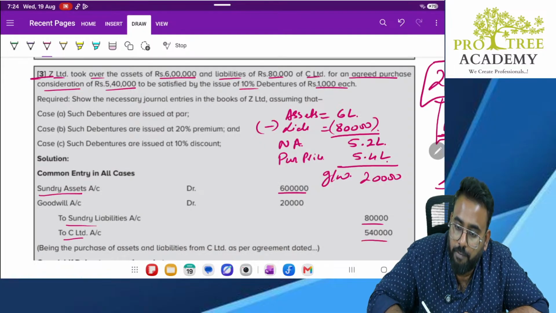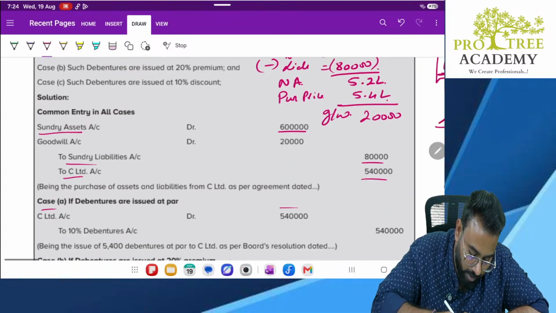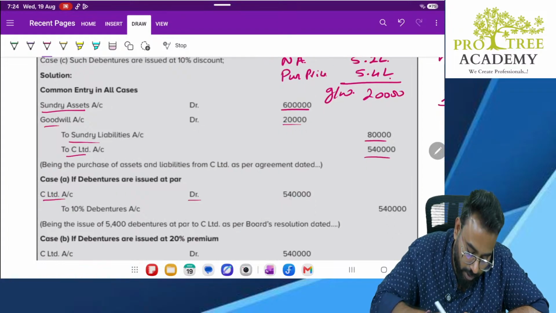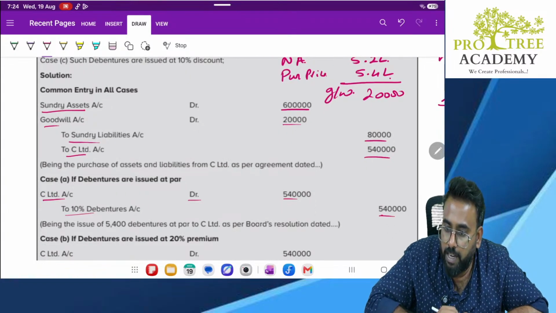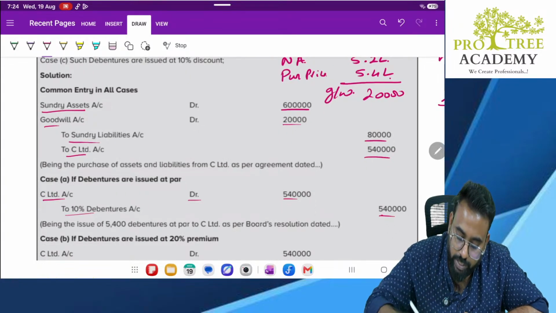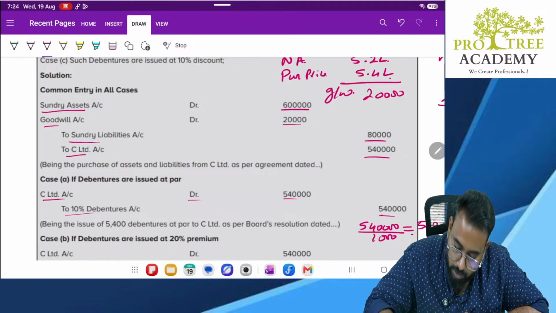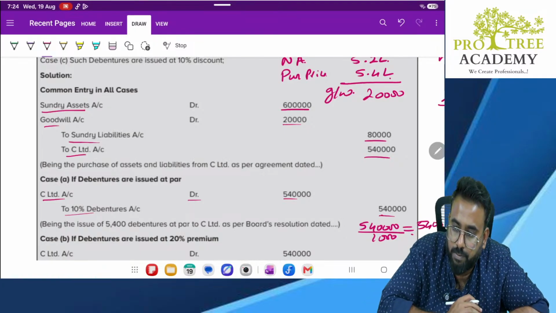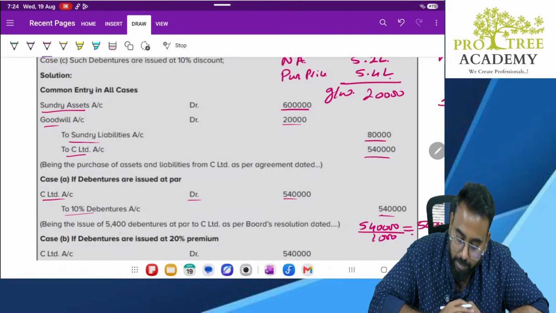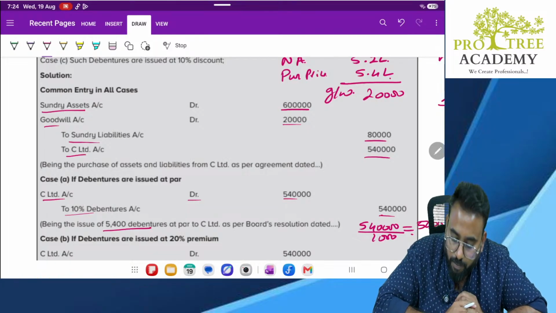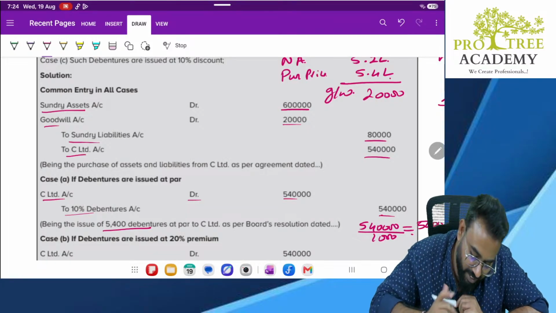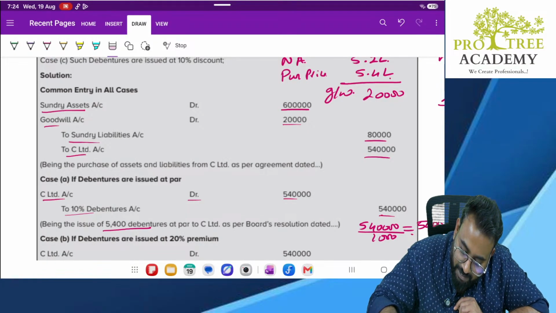How much you are paying? 5.4 lakh. Goodwill account is 20,000. C Limited account debit 5.4 lakh to 10% debentures 5 lakh 40,000. But you are issuing it at 1,000 rupees each. So 5 lakh 40,000 divided by 1,000 will give you 540 debentures, not 5,400, sorry.